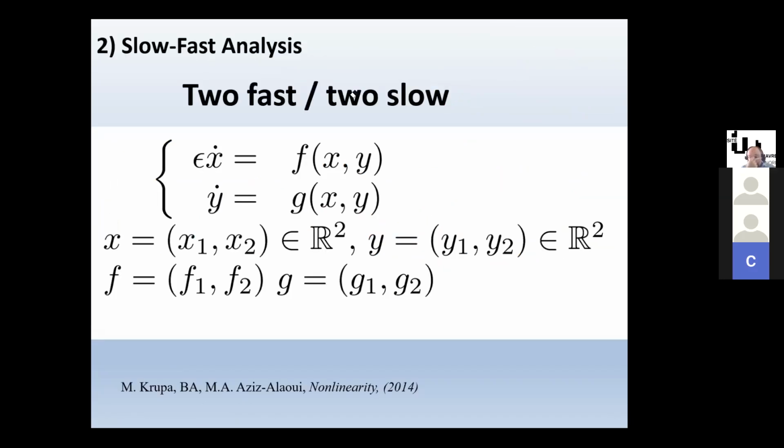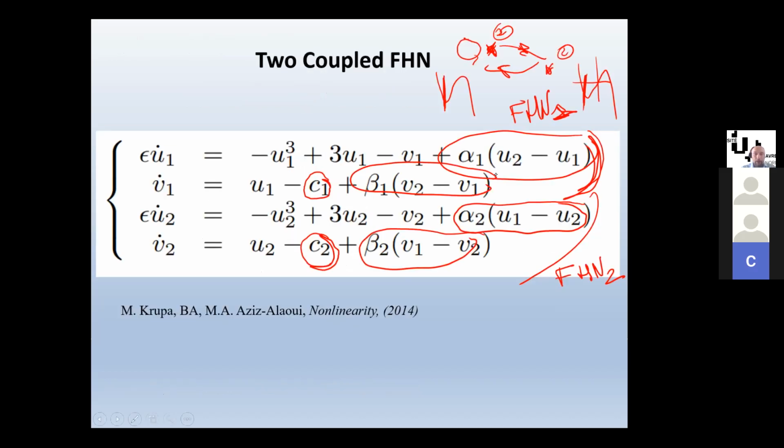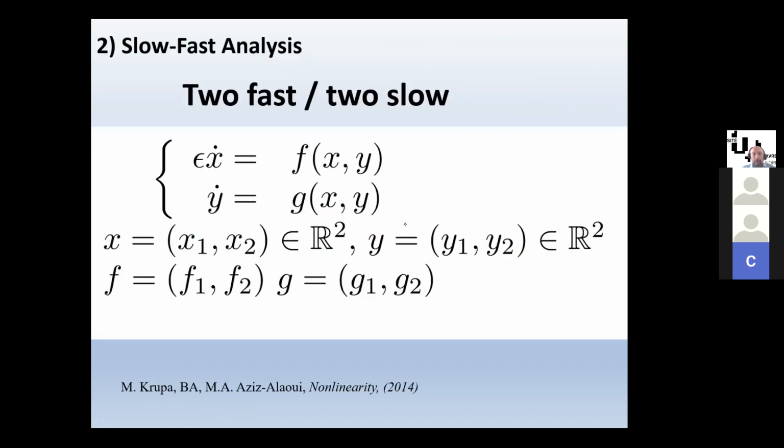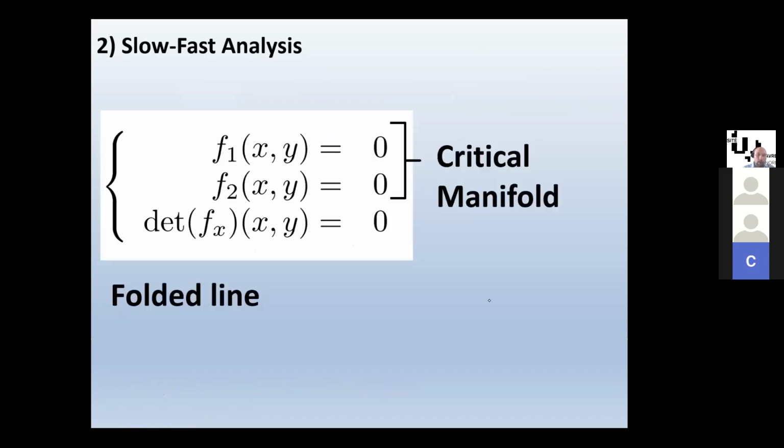Okay, and so if I come back here, instead of considering one FHN1 and FHN2, I can also put the fast variables together and the slow variables together, and I obtain two fast, two slow variables, right? Now I can do the same theory.